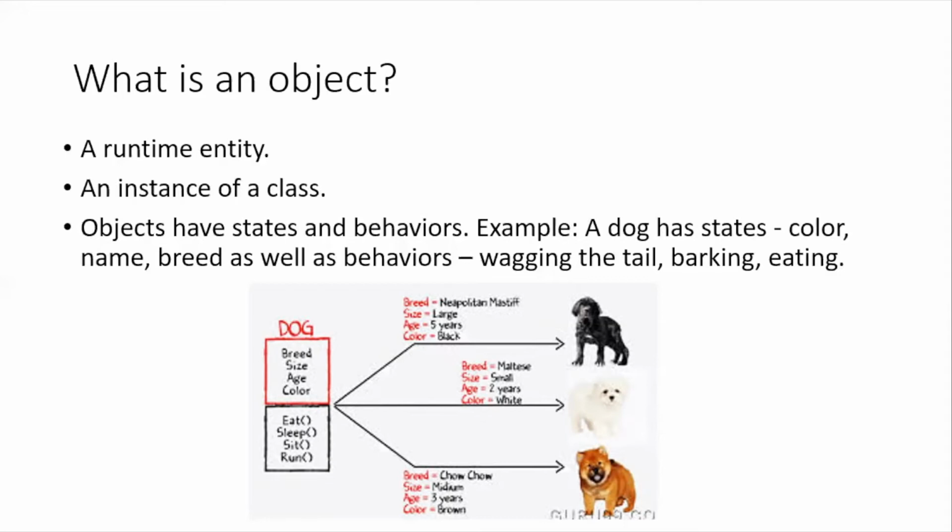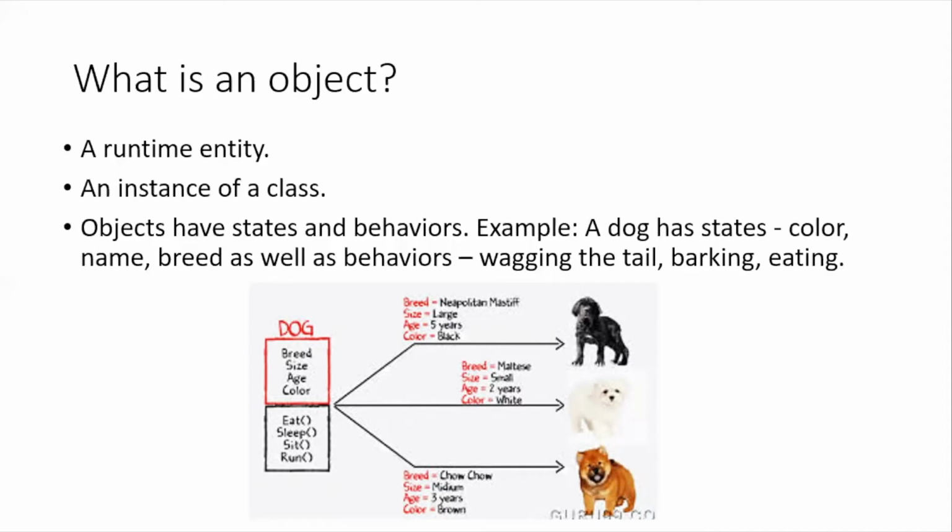So breed, size, age, color are the properties of an object, and whatever values are stored for that particular dog represent the state of that particular dog object. Okay?